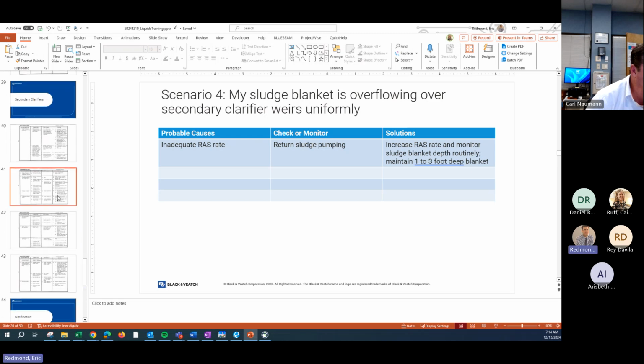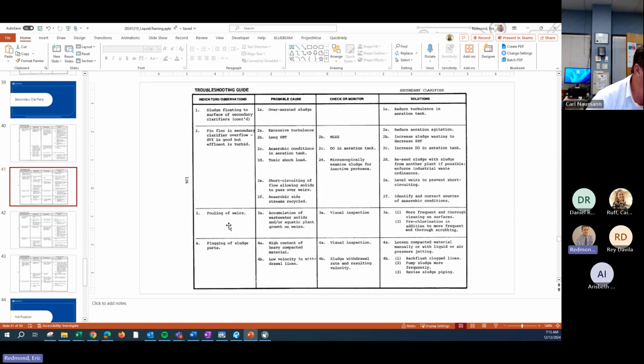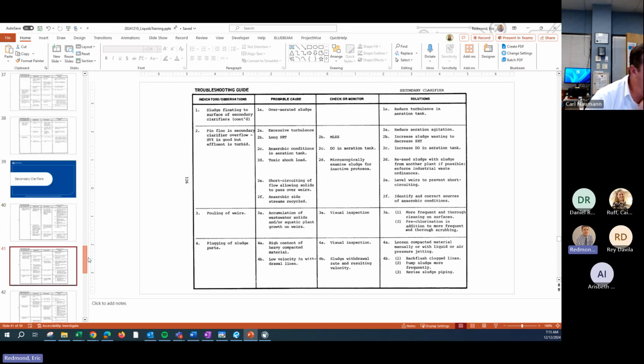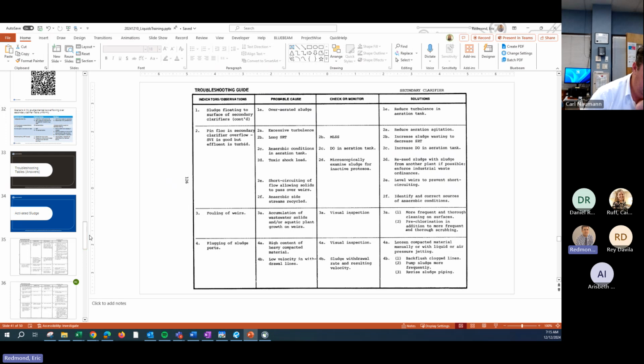They have different things for secondary clarifiers. They talk about the flow of the weirs. They talk about causes and checks and monitors. So all this will be delivered with the slide deck. Future quizzes will probably incorporate more and more of these as we go through it, and we'll probably talk less about them and maybe just keep quizzing you on it.